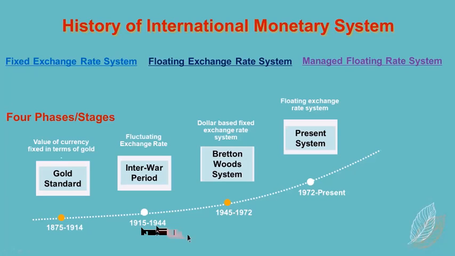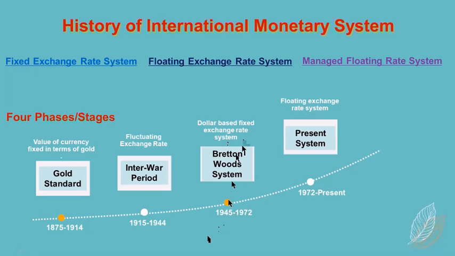Then came the most prominent system, which was otherwise called dollarism, the Bretton Woods system. The Bretton Woods system was almost based on dollar as fixed exchange rate. In other words, in order to rebuild the world economy after the destruction of the two world wars, the new international monetary system was established in 1944 in a conference organized by United Nations.